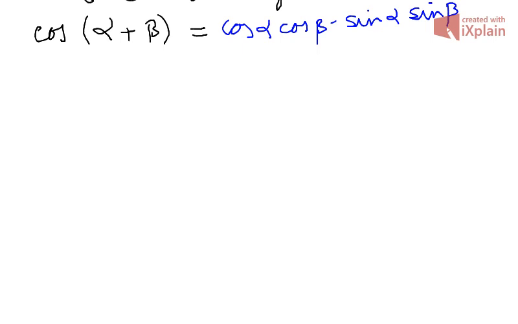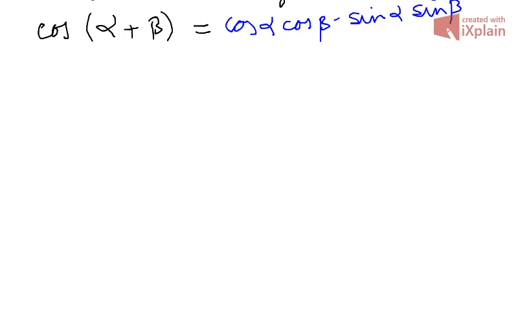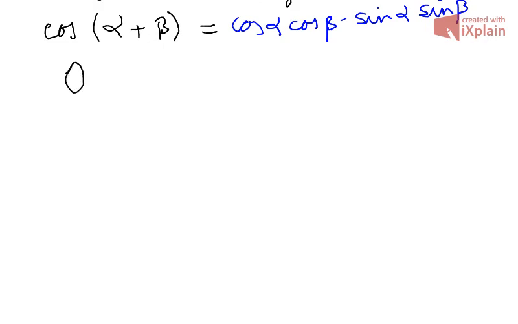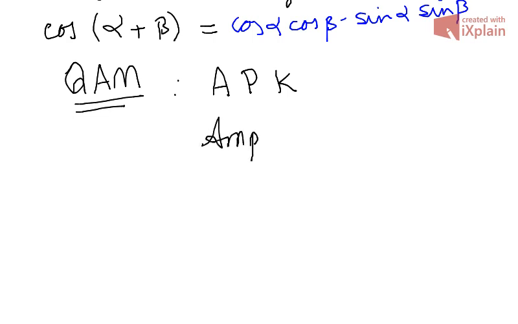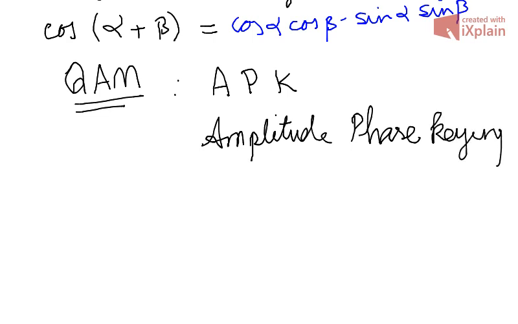But let me clearly mention that when we say QAM, quadrature amplitude modulated signal, this is also known as amplitude phase key.